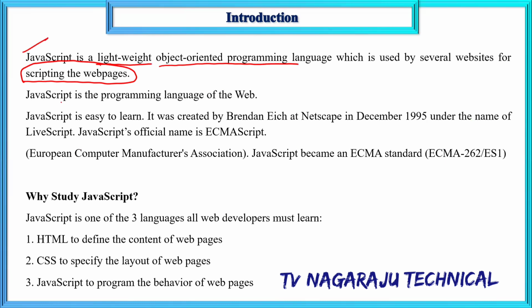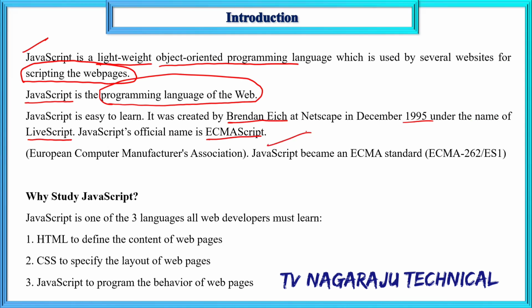In simple terms, JavaScript is the programming language of the web. Who developed it? Brendan developed JavaScript in the year 1995. Initially, the name was LiveScript, and the official name of JavaScript is ECMAScript. This is the official name.